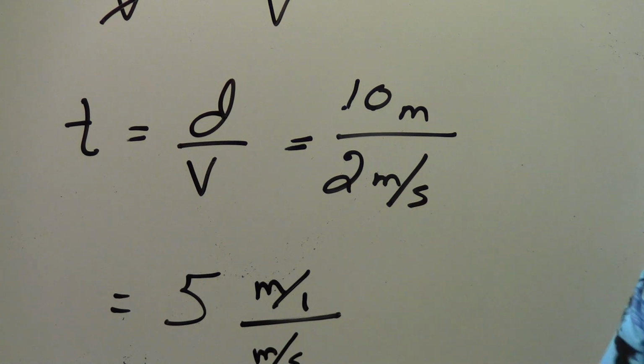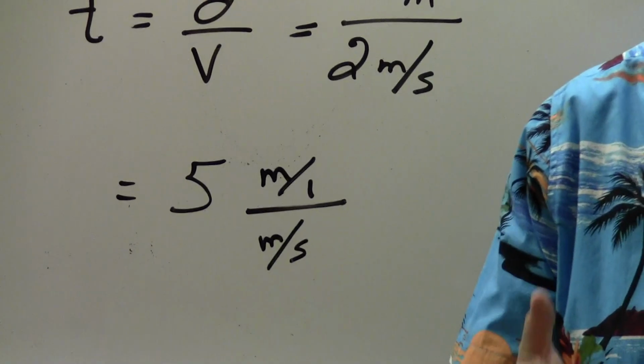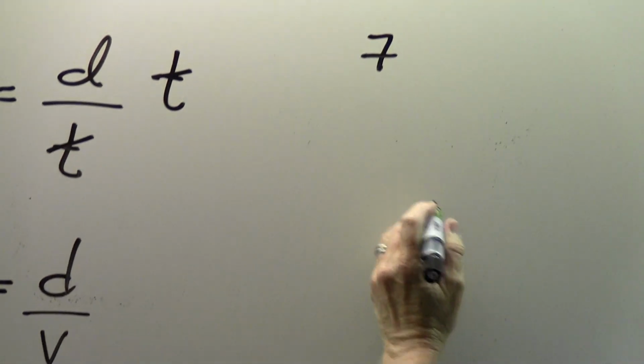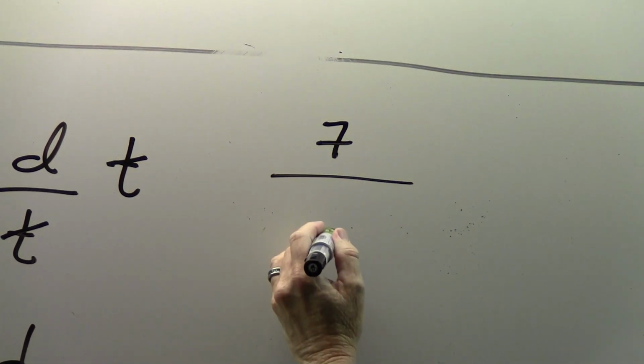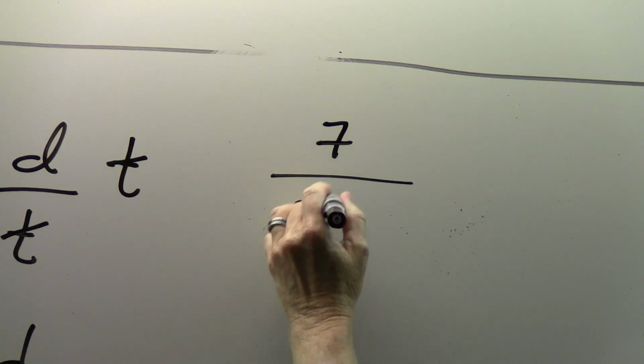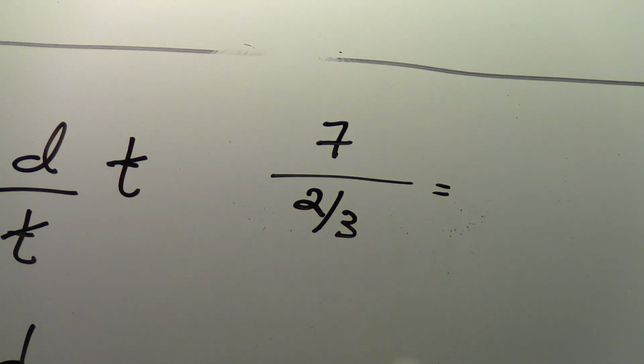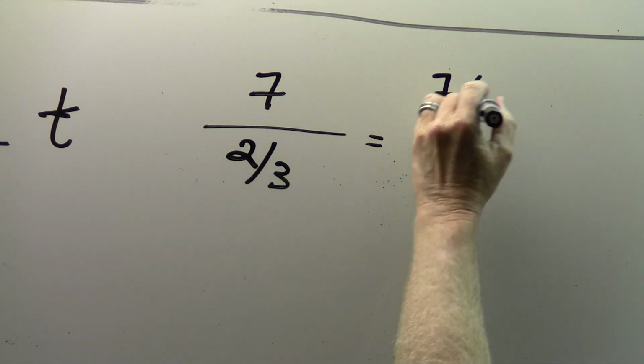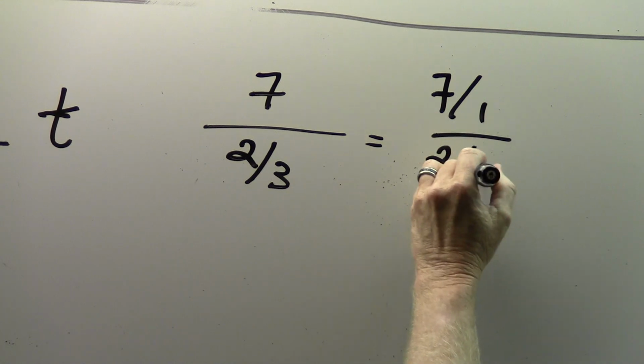And let me take you back to, I think it's 4th or 5th grade. How do you do these compound fractions? If I had over here 7 divided by 2/3, what would you do? Well, I guess you would start off by making a compound fraction.